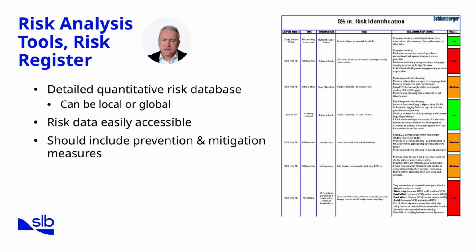Each entry should include not just the hazard and its quantified risk, but also the prevention and mitigation measures that were applied. This creates a living record of lessons learned and ensures that successful strategies can be reused. Registers also allow organizations to track risk trends over time.